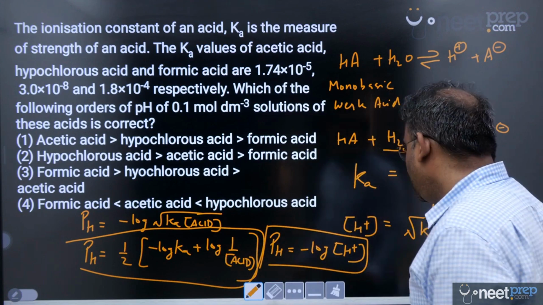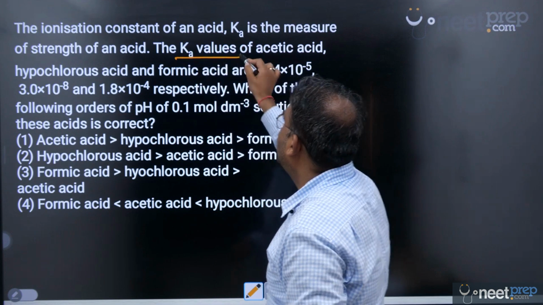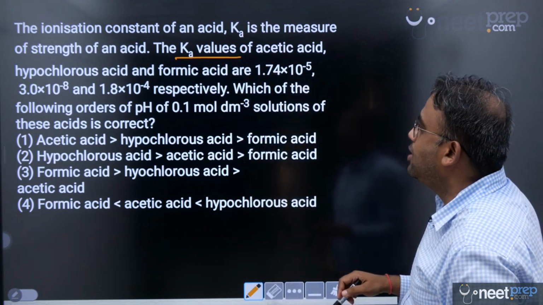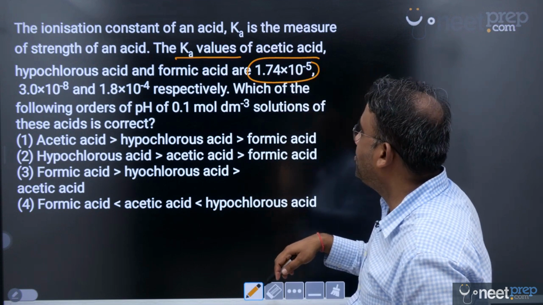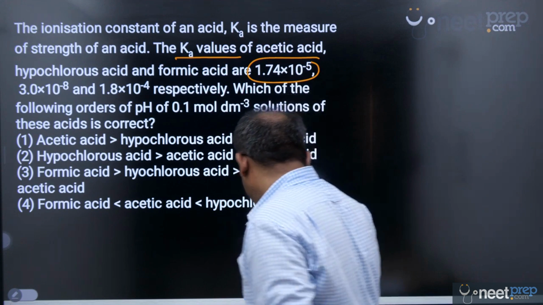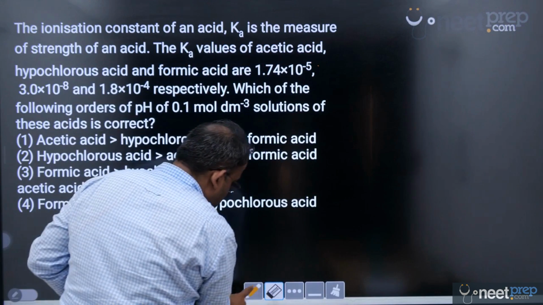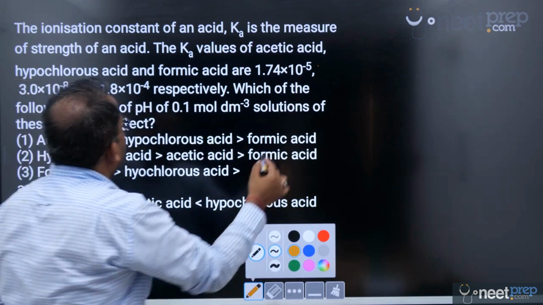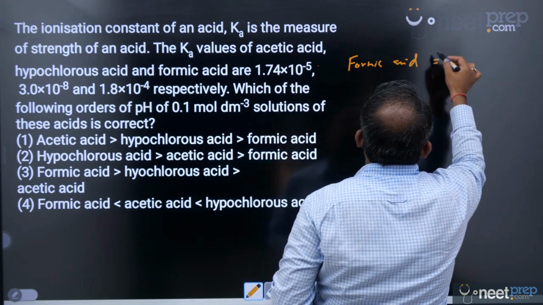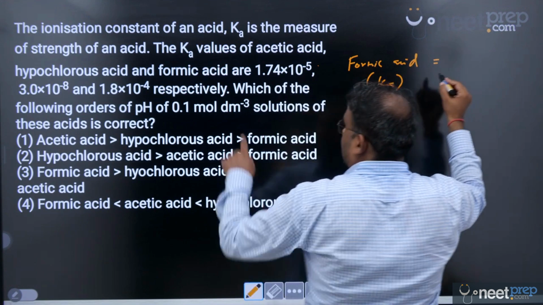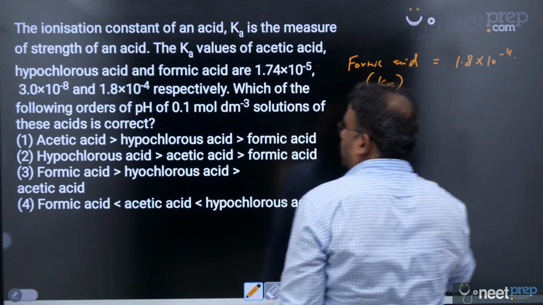So now it has given us Ka values. Formic acid has the highest Ka value, which is 1.8 into 10 to the power minus 4.